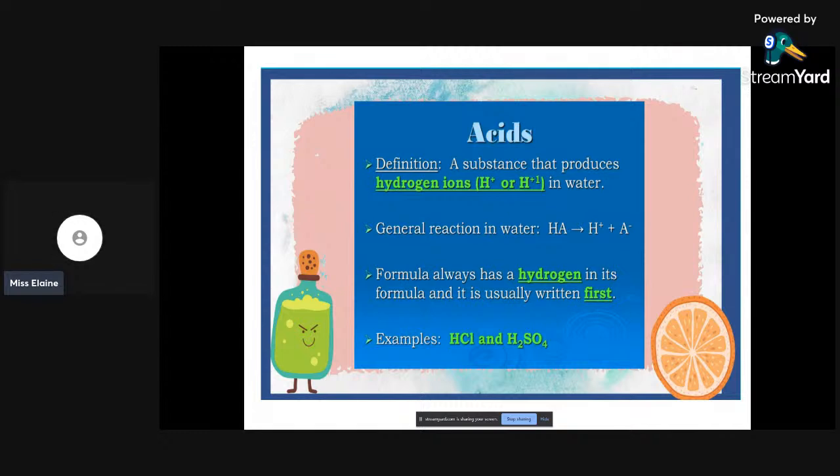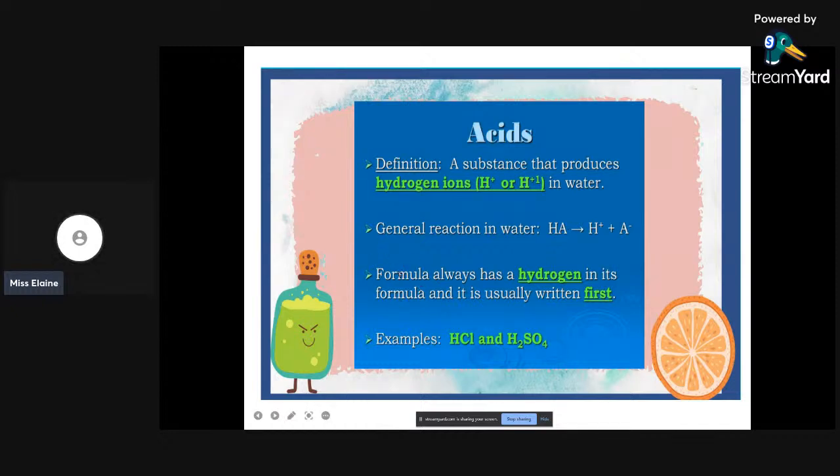An acid is a substance that produces hydrogen ions, or H plus, in water. The formula always has hydrogen and it is usually written first. The general reaction in water has something to do with the Arrhenius and Lowry theories.